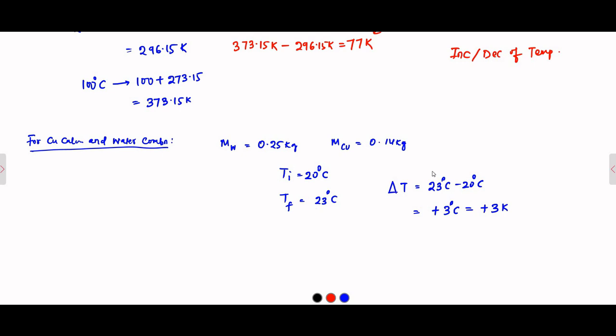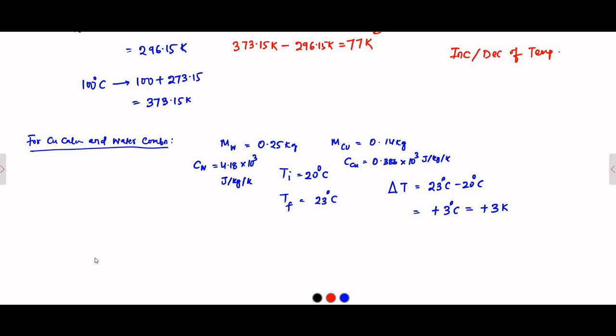So here specific heat of water is equal to 4.18 into 10 to the power 3 joule per kg per Kelvin, and specific heat of copper is equal to 0.386 into 10 to the power 3 joule per kg per Kelvin.